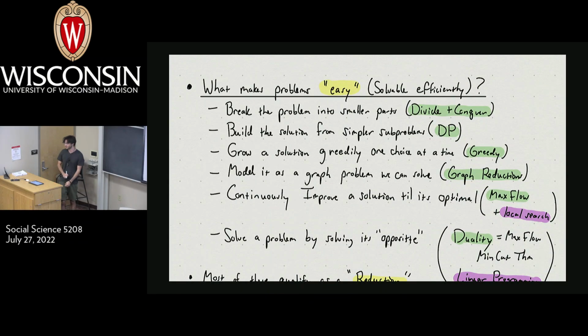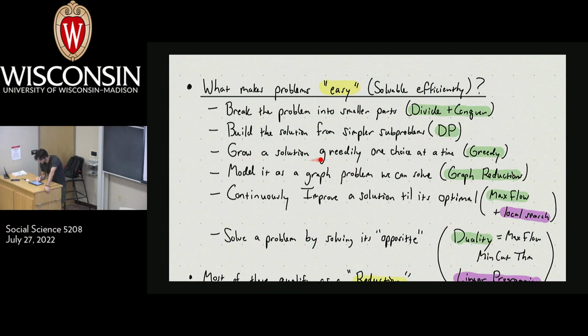Okay, so up to this part in the course, we've discussed general problem-solving techniques that can show a problem is easy. And by easy, I mean solvable efficiently. So we've seen a bunch of different techniques like break the problem into smaller pieces, that's divide and conquer. We can build a solution from simpler subproblems, that's dynamic programming.